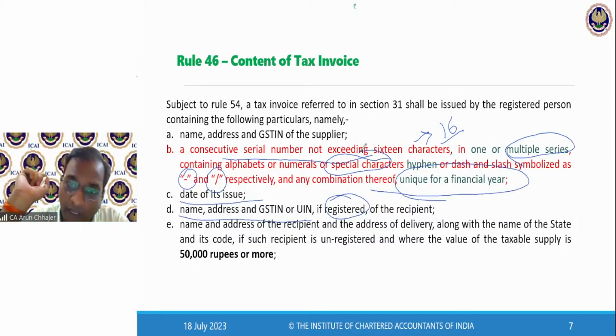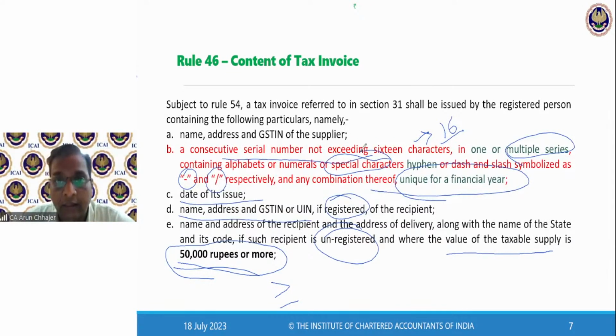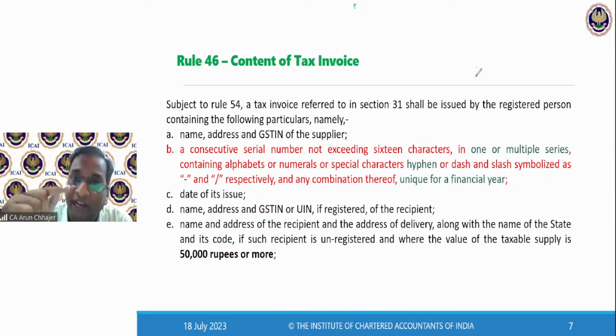If the value of taxable supply is greater than or equal to 50,000, it is compulsory for the supplier to report the name and address of the recipient and delivery address along with the name of the state and code on the tax invoice. In other words, if the value is less than 50,000, it is optional, not mandatory.